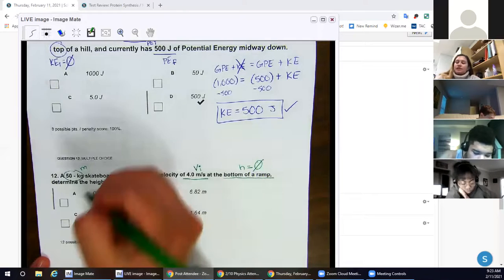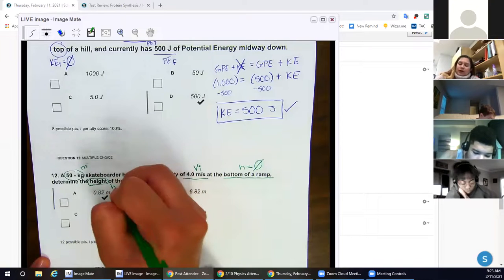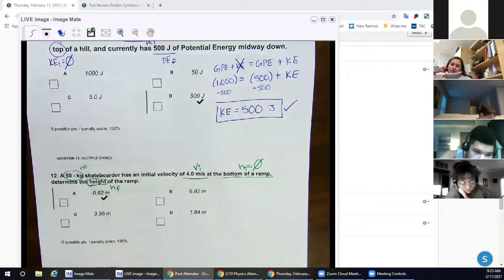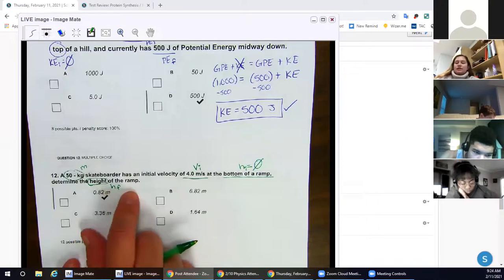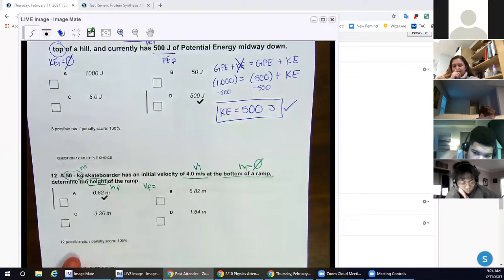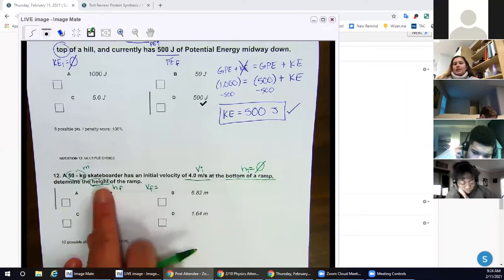So now we want to determine the max height. So we want to look at our final height, which means that would be our initial height. This one's worded wrong too, but it's okay. We can still find it. When you're at the top of the ramp with your max height, what's going to be your final velocity? Max height. What's your final velocity at max height?